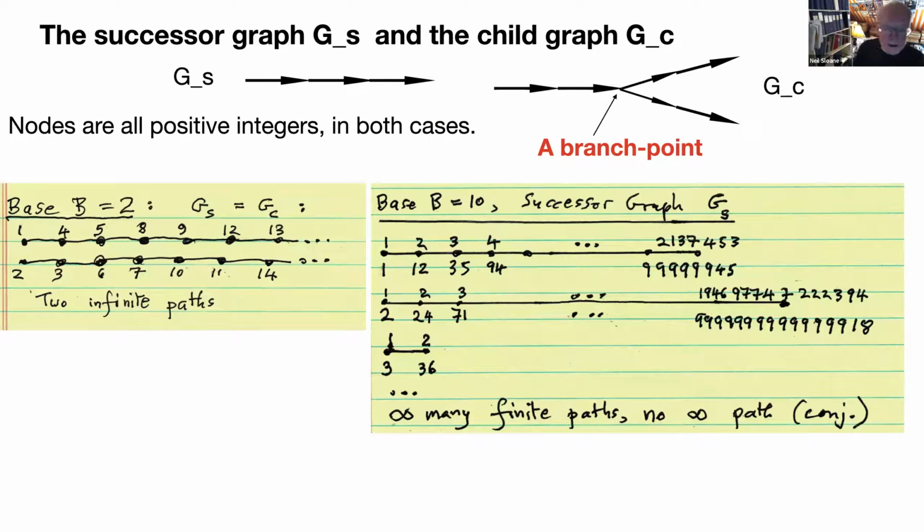The successor graph just tells you what the successors are of each number. In the successor graph, you join x to y if y is a successor to x, the smaller child if there's a choice. In the comma graph, you put in both possibilities. So there's a decision point here, a branch point, where we could take the smaller child or the larger child. That's GC, the child graph.